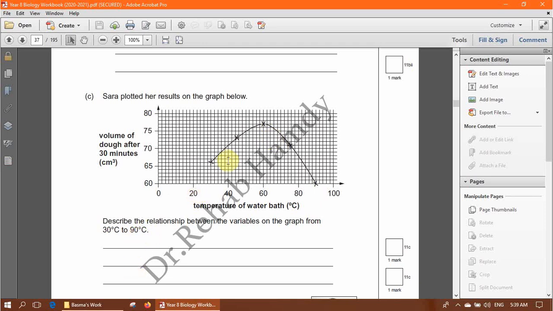The first mark, you're going to say that as the temperature increases, the volume of the dough increased up to 60 degrees. The second mark is it doesn't rise as much at temperatures above 60. Okay, or you can also say that it has a maximum volume at 60 degrees Celsius. So that was the maximum volume. Afterward, the volume started to decrease.